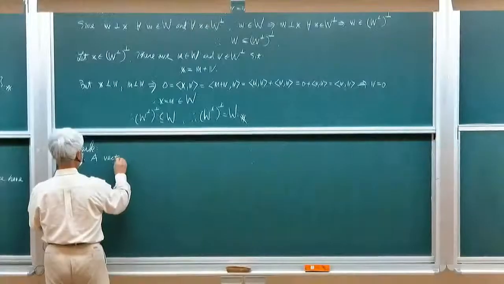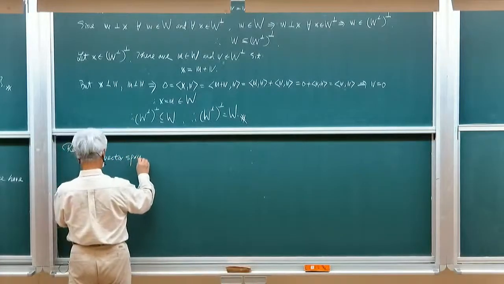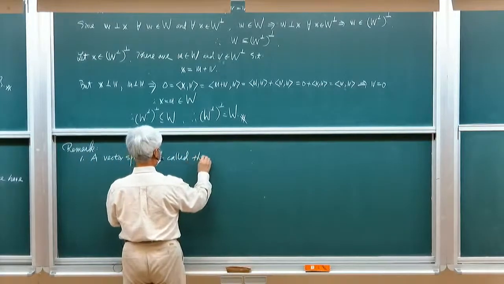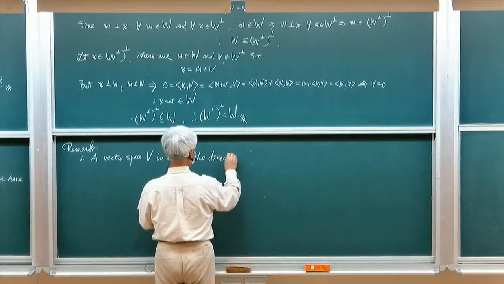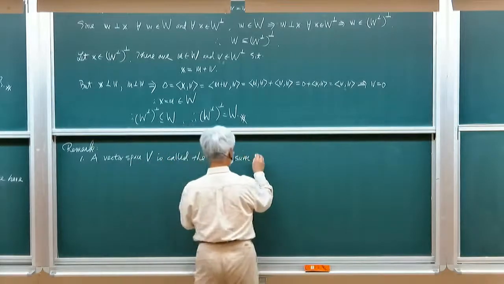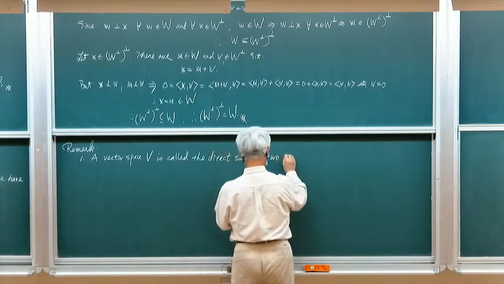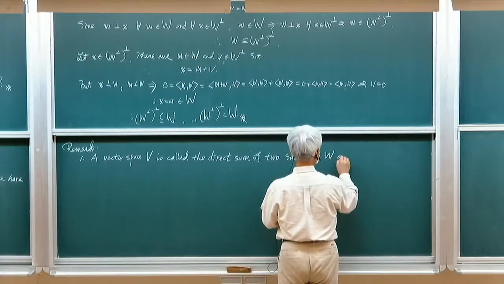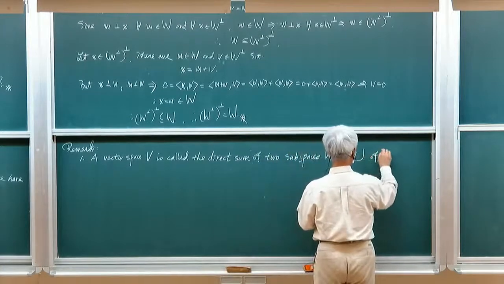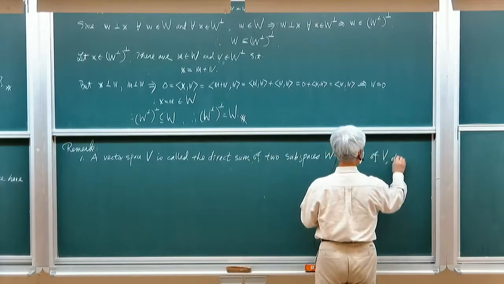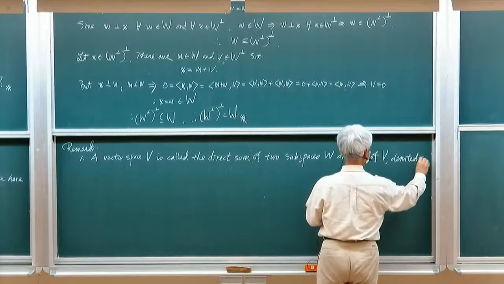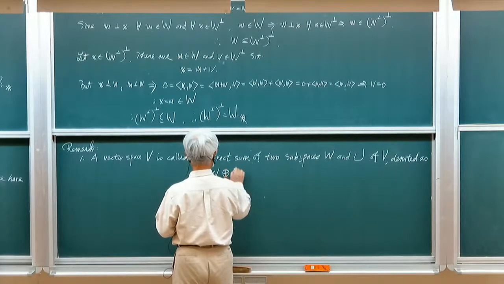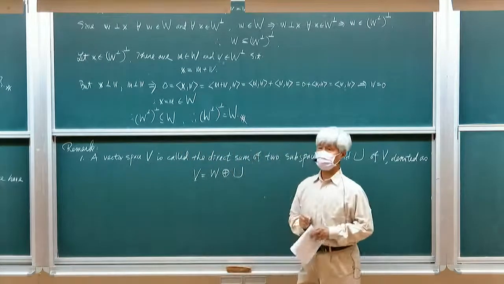So a vector space V is called the direct sum of two subspaces W and U of V, and the notation is V is the direct sum of W and U, with the sum symbol with a circle.